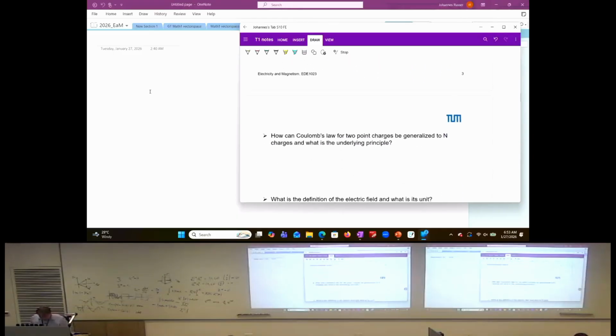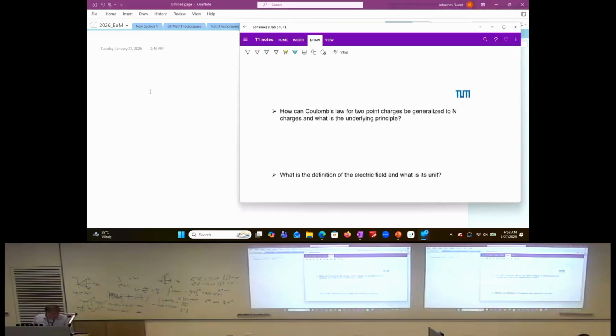Okay. Now we want to generalize it to the case where we have multiple charges. And okay, we can do that. You remember the formula. We just have written down the formula for a pair of charges.